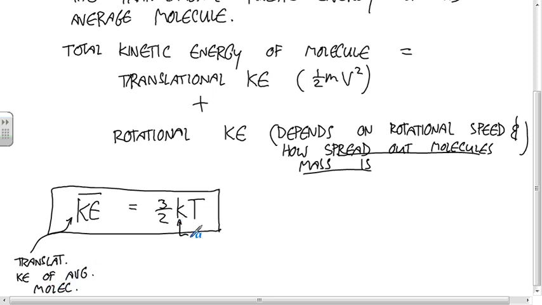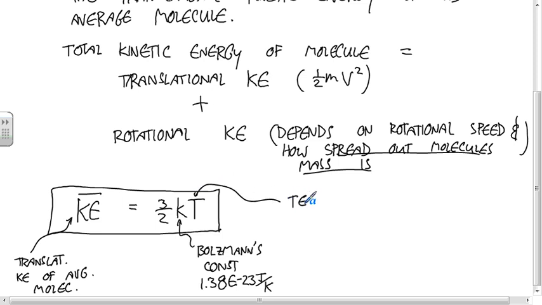This k is called Boltzmann's constant, and it has a value of 1.38 times 10 to the minus 23 joules per Kelvin. And then T, again, is the temperature in Kelvin.